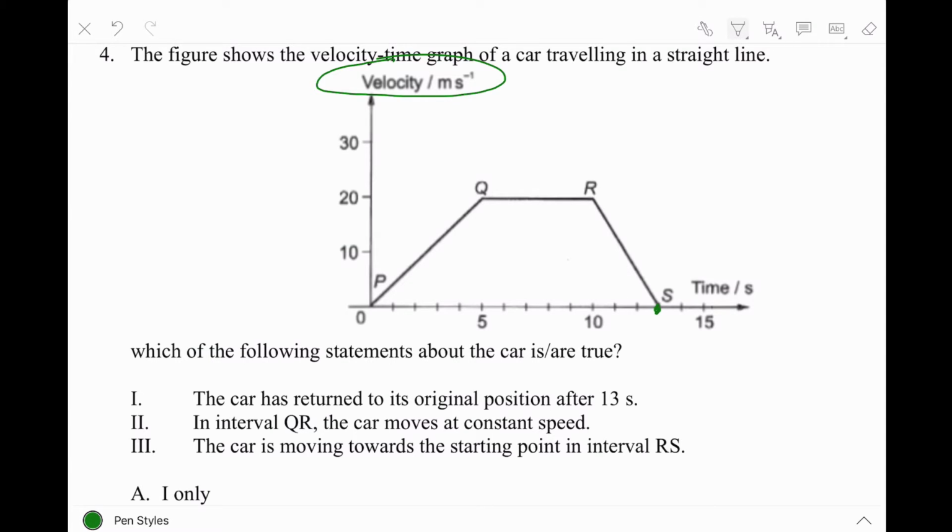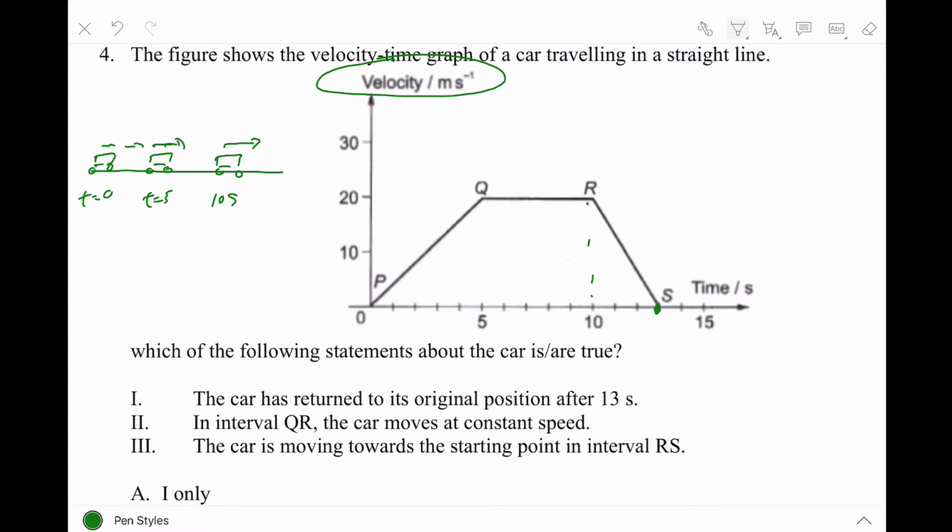And if you look at what happened, this graph probably shows you like this. You have a car at t equal to 0. The velocity accelerates. So in the first 5 seconds, the velocity increases until 20 meters per second. And then you keep 20 meters per second until 10. And then this velocity is still positive.